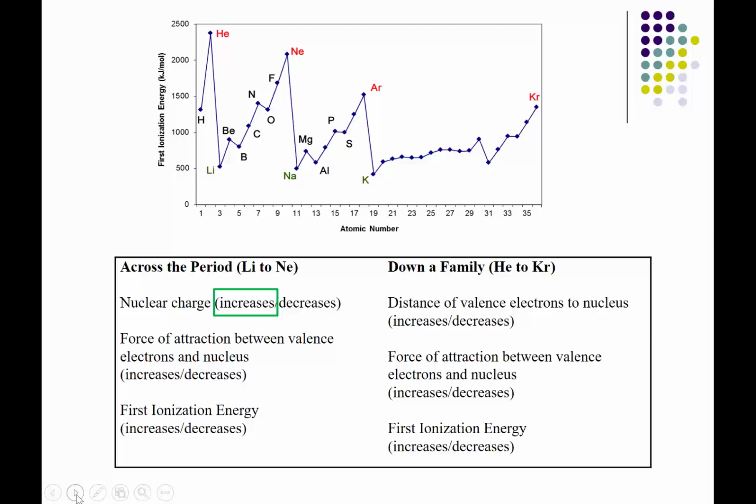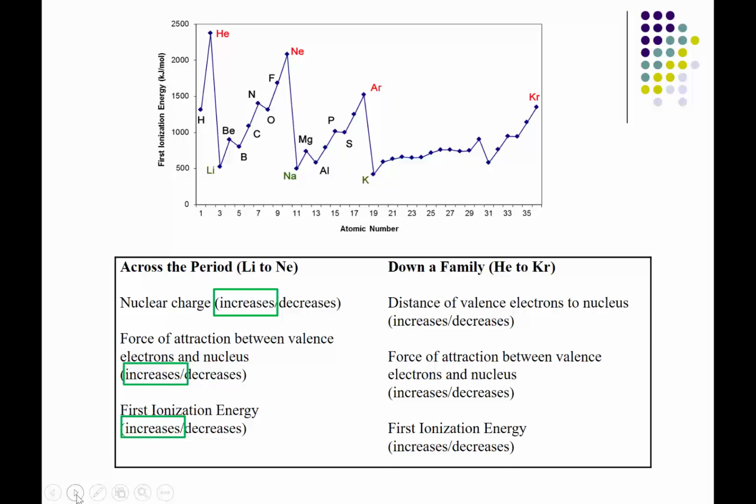The nuclear charge increases. Well, what happens when the nuclear charge increases? There's a greater force of attraction between the valence electrons and the nucleus. And as a result, if there's a greater force of attraction, then the energy required to remove an electron will be greater. So the first ionization energy indeed would be greater.